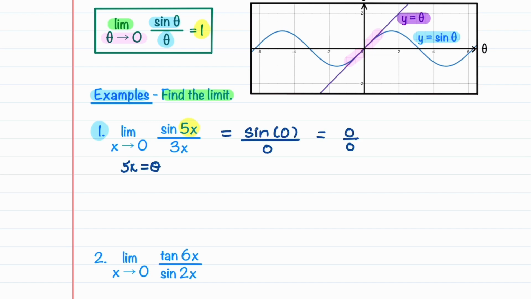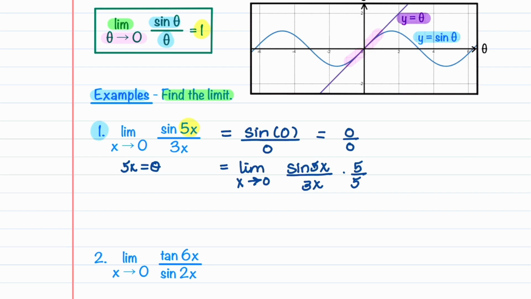So we need to have a 5x in the denominator. So we can say that this is the limit as x goes to 0 of sine 5x all divided by 3x, and we're going to multiply by 5 over 5 because we can't change the problem and just divide by 5.